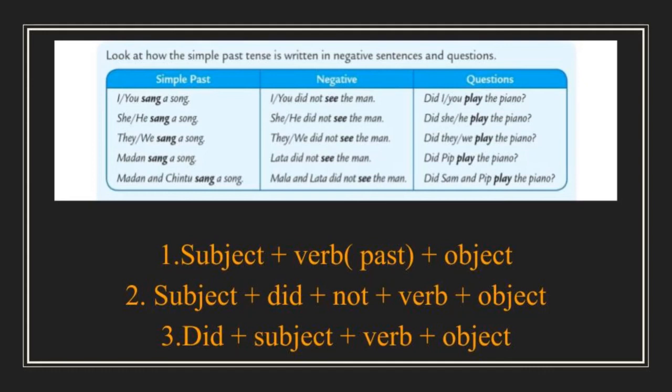Did I play the piano? Did she play the piano? Did he play the piano? Did they play the piano? Did Pip play the piano? Did Sam and Pip play the piano? You should remember all these rules. Then only you can easily form a sentence into past tense.